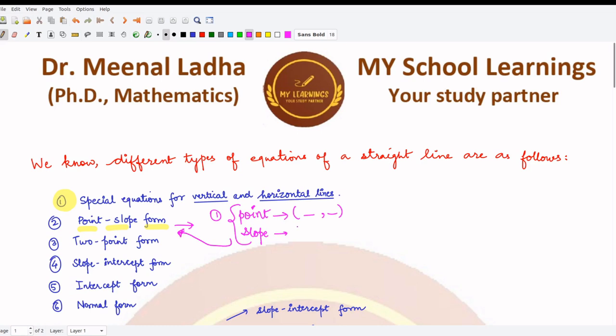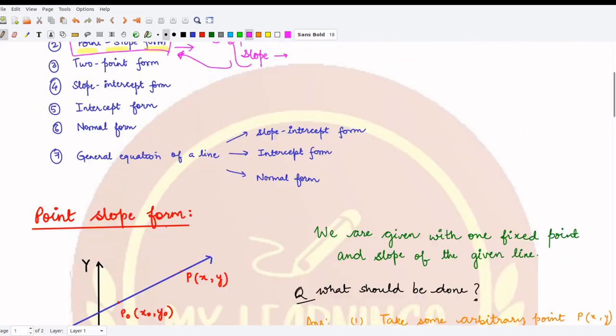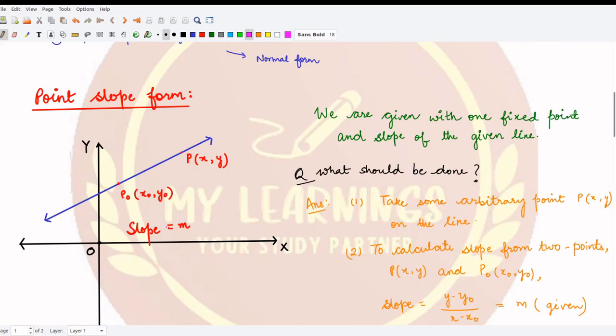So let's discuss what the form actually is and how we can obtain it and make use of it to solve our questions. Talking about this point slope form, suppose we have some straight line which is neither horizontal nor vertical, right?